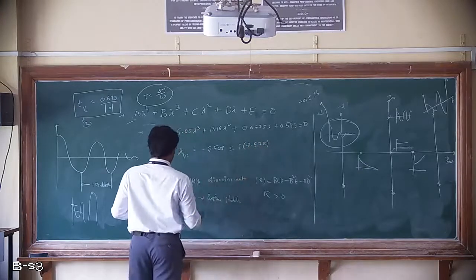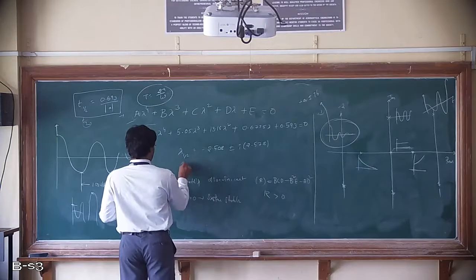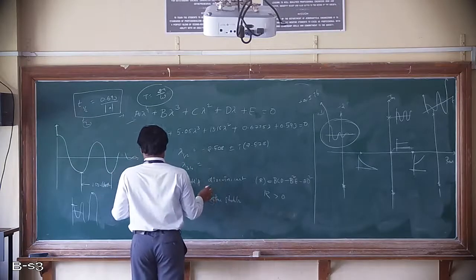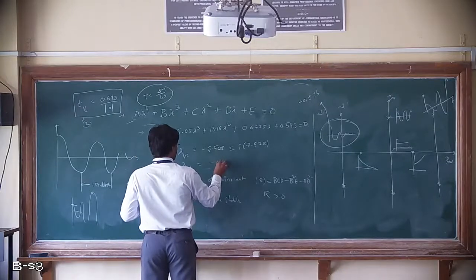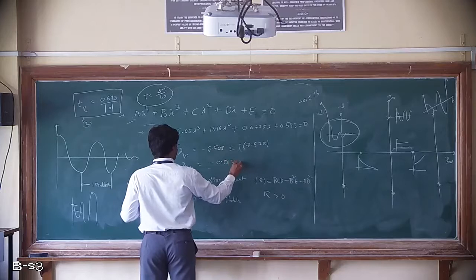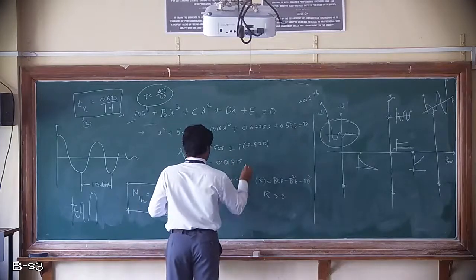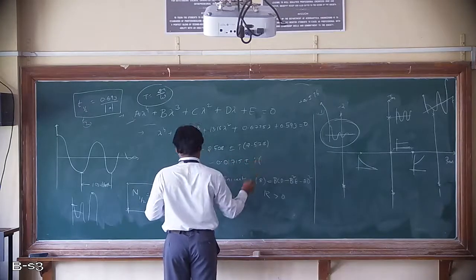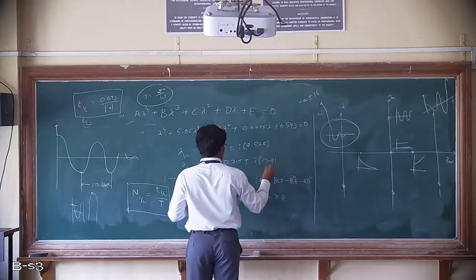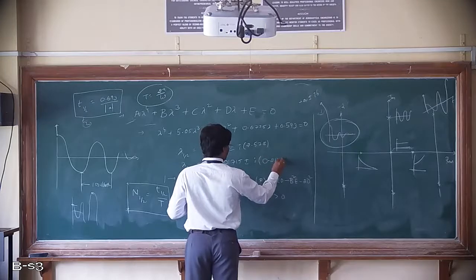And what about this? Lambda 3, 4 is equal to minus 0.01715 plus or minus i into 0.2135.